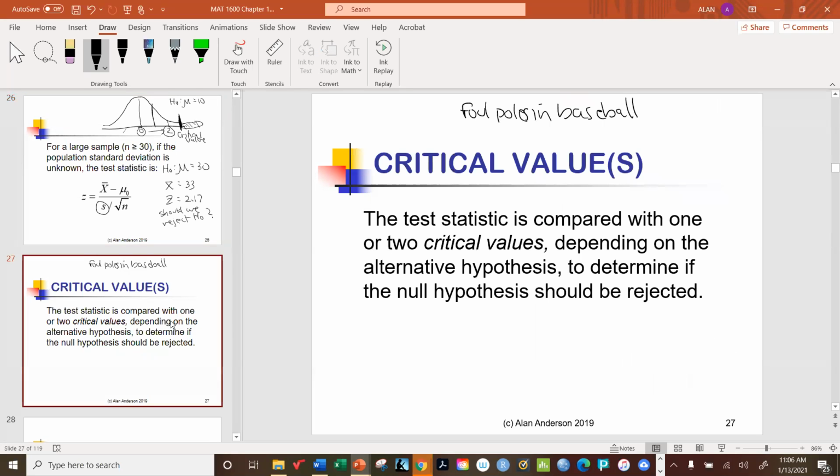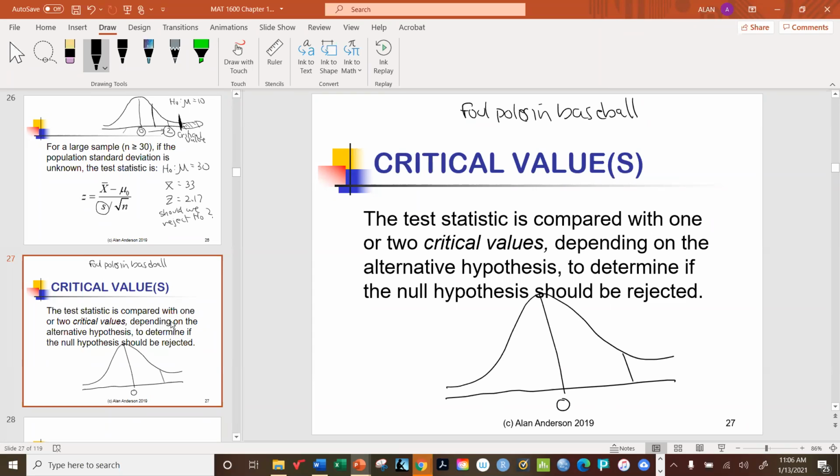In fact, why don't I draw another little picture here so you can see this a little better. Let's say this is our critical value. Anything in this range means we reject the null hypothesis. And it works in both directions too, by the way. We can have a negative critical value.